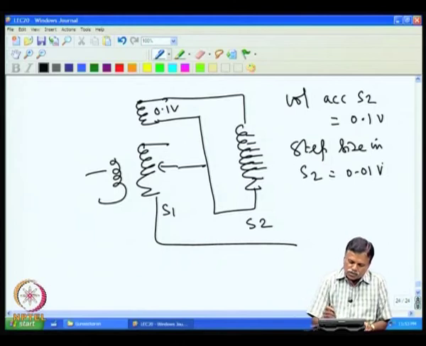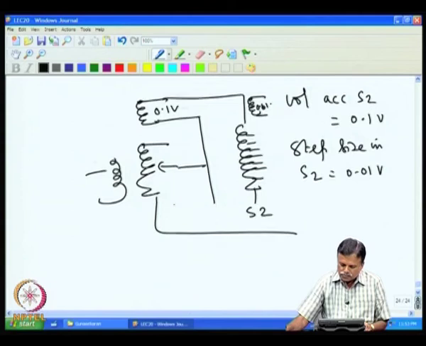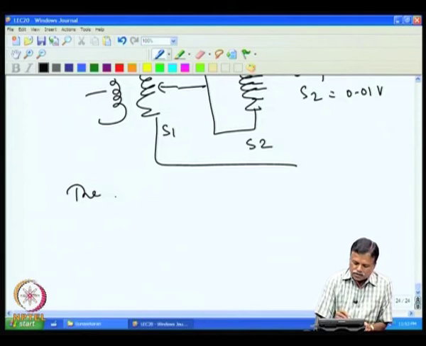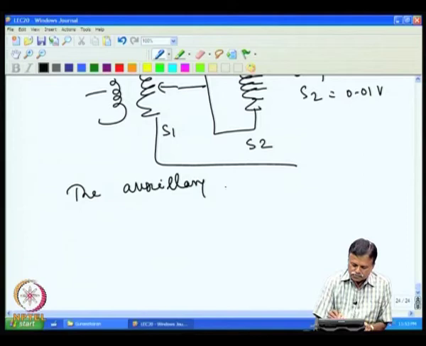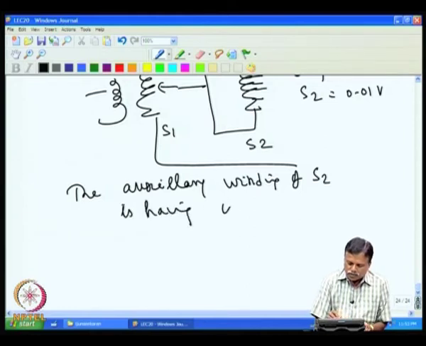Then this S2 also has its own auxiliary winding. Here the voltage is 0.01 volt. The auxiliary winding of S2 has a voltage of 1 millivolt, sorry, 10 millivolt.